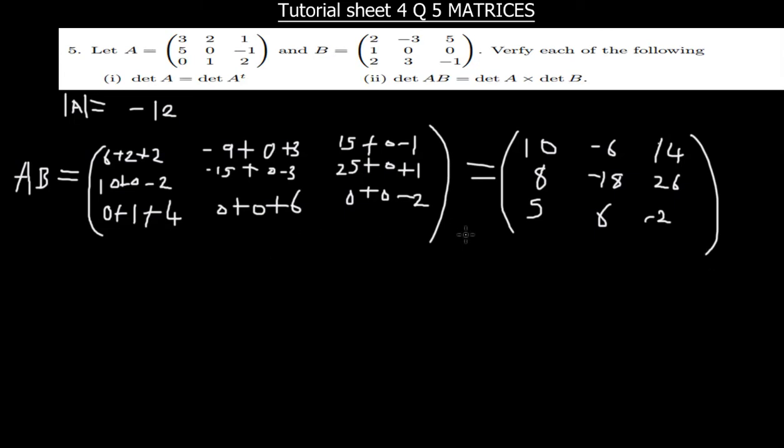Now let us find the determinant of A times B. So the determinant of A times B is going to be 10. You multiply 10 by its minor there, so the minor of 10 is this.